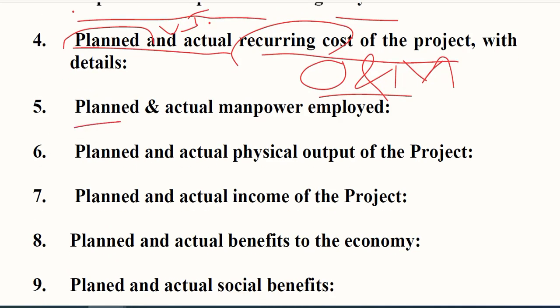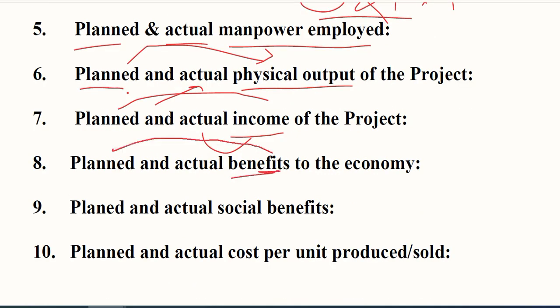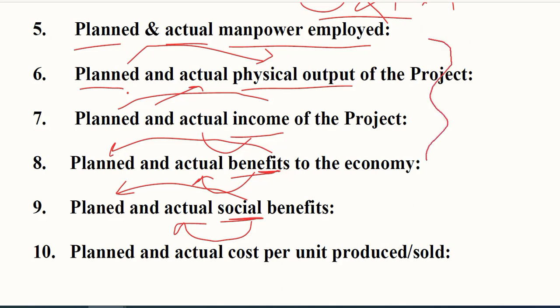Then the comparison of plan and actual manpower employed, how much we planned to employ and how much we have actually employed, and what are the physical outputs planned to achieve in this year, and how much have we actually achieved in this year, how much actual income have we earned, and how much we actually planned before, how much of the benefits we planned before, and how much of the benefits have we actually accrued, and the social benefits that we planned and how much social benefit we actually obtained. So all these things are the comparison of their planned and actual levels.